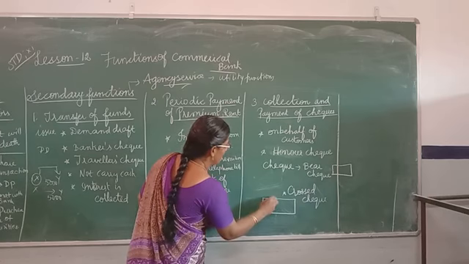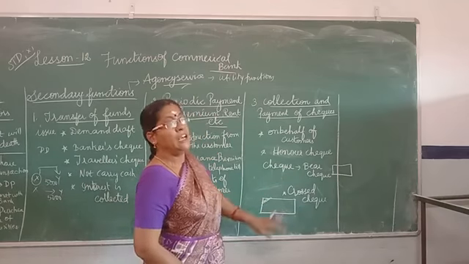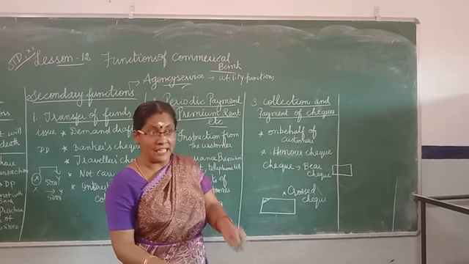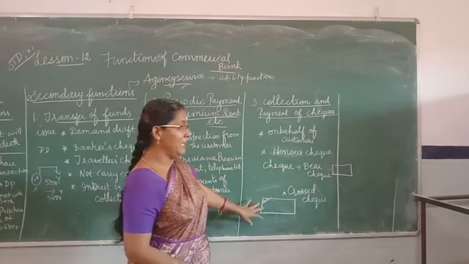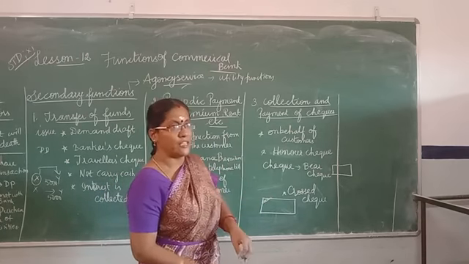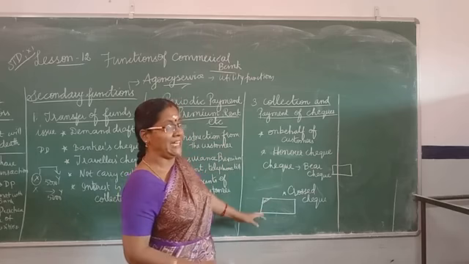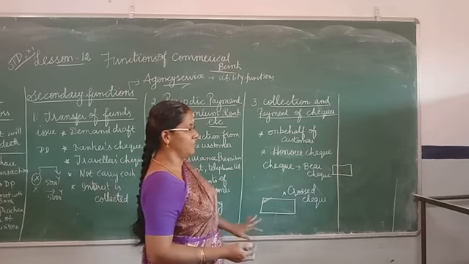Account payee only means the person carrying the check will not be handed the money directly. The money will be credited to his account. They are not going to give hard cash to the person carrying the check. That is the difference between the bearer check and the cross check.